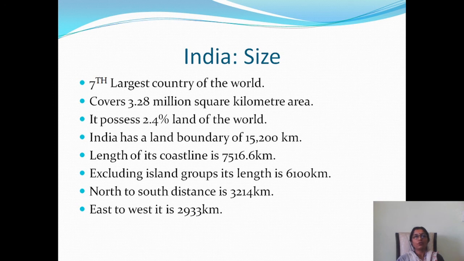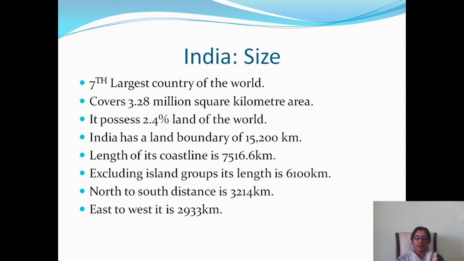If we have to move from Kashmir to Kanyakumari, we have to cover the distance of 3,214 kilometers. If we move from Gujarat to Arunachal Pradesh, then we have to cover a distance of 2,933 kilometers. The difference between north to south and east to west is about 300 kilometers.